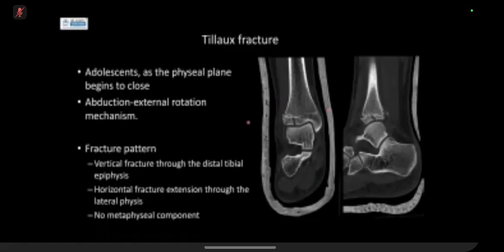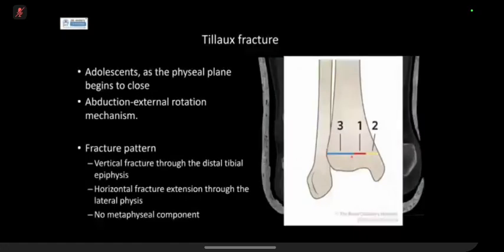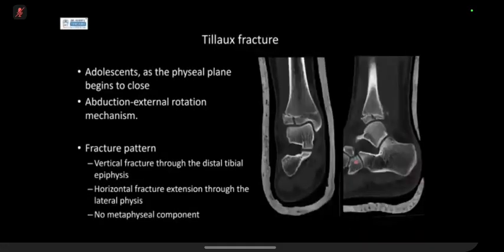So Tillaux fractures of the ankle. Knowing how the physis closes is important. This is why the fracture line goes through the open physis laterally, because closure starts centrally, then goes medially, and then finally the lateral physis closes, hence accounting for the pattern of injury.